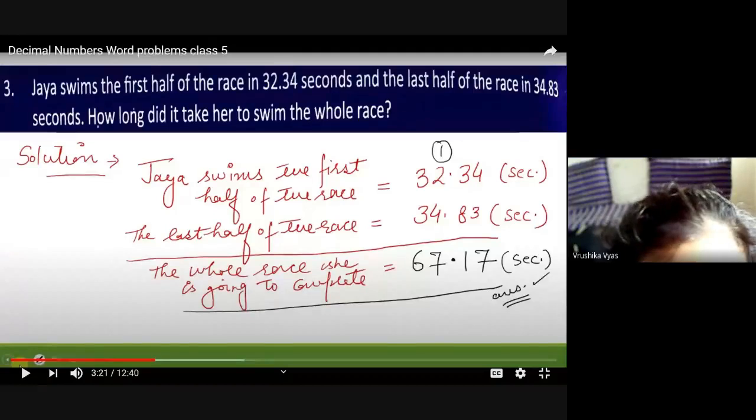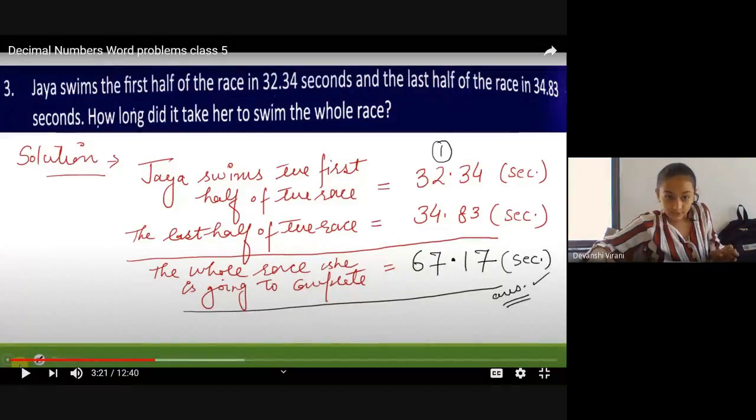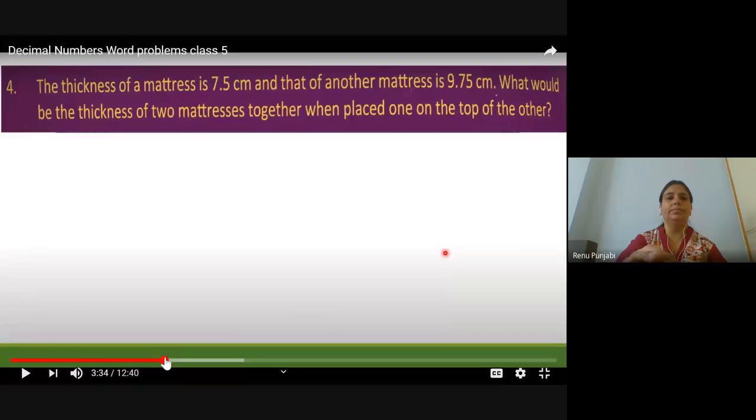Ma'am, done. Devanshi. Ma'am, last one. Just write the statement, then you will do it later on, because it is addition and you can easily do it. Okay? Go to the next sum.